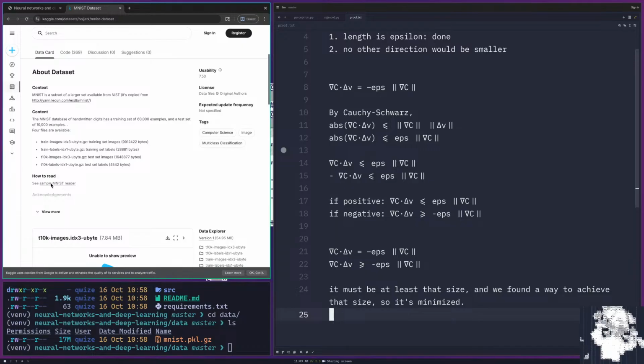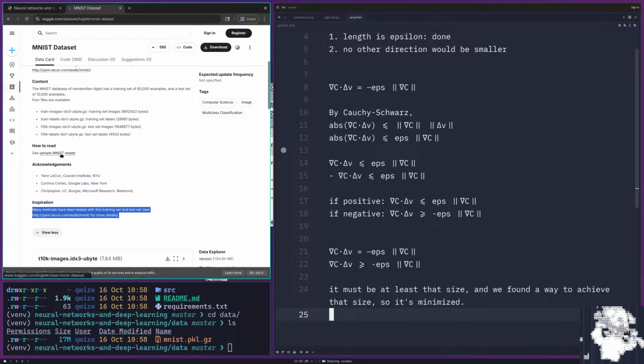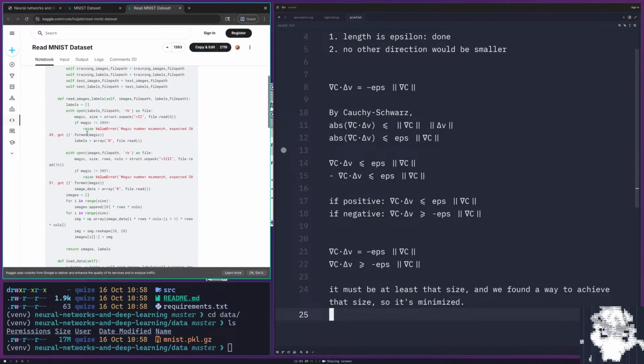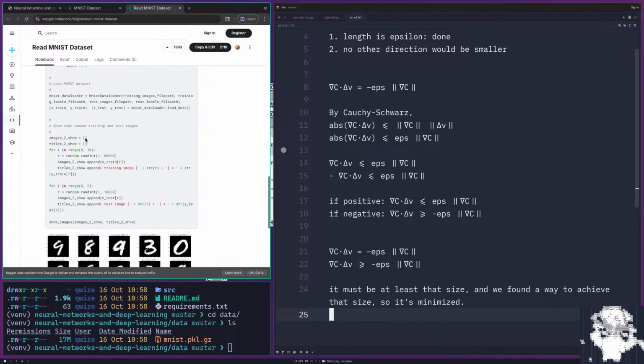See sample MNIST reader, but I can't click on it. No, I have to view more and then I can click on it. Huh.